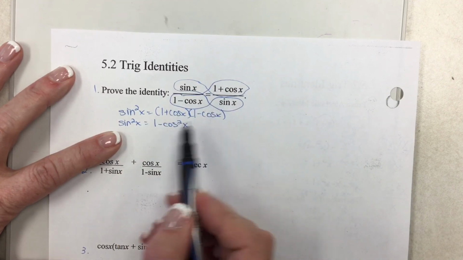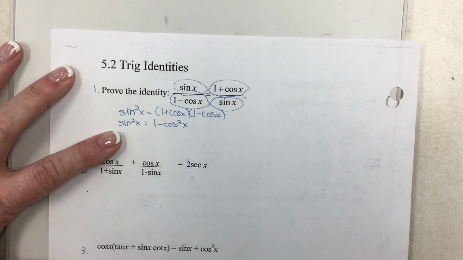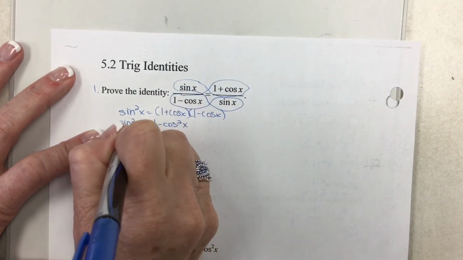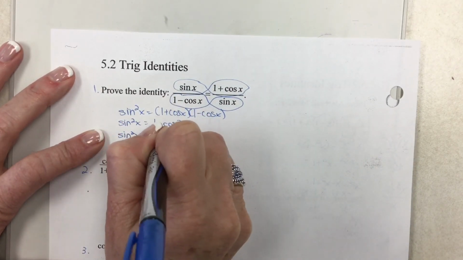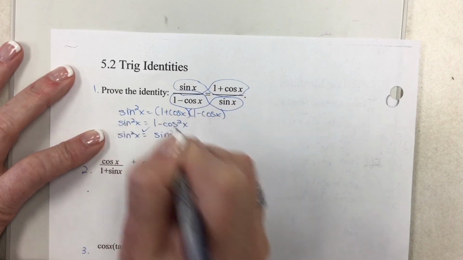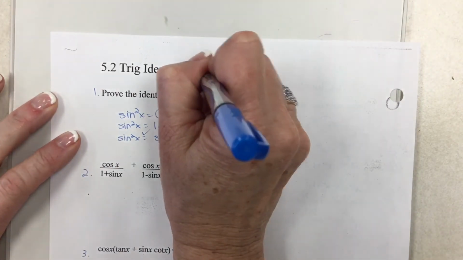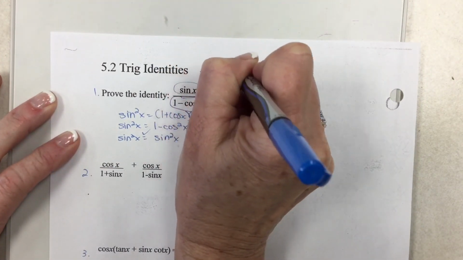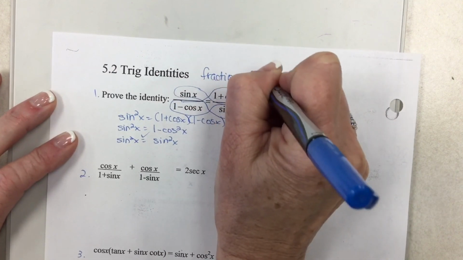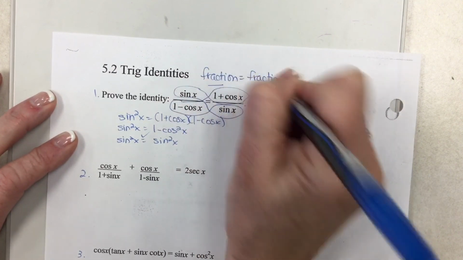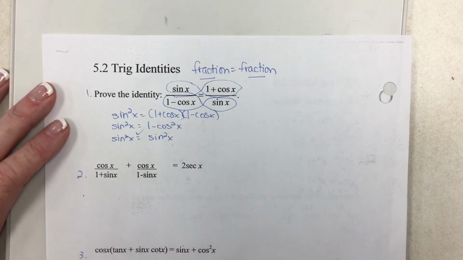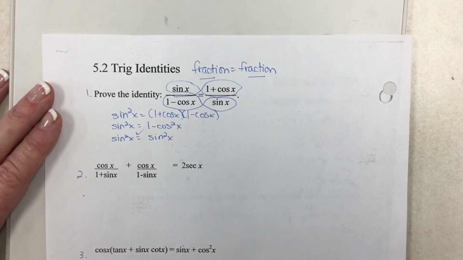Cosine times negative cosine is negative cosine squared x. What does 1 minus cosine squared x equal? Sine squared x. Check. We are finished. And that is only because I have a fraction equal to a fraction. Okay? I've got a ratio equal to a ratio, a fraction equal to a fraction. All right?